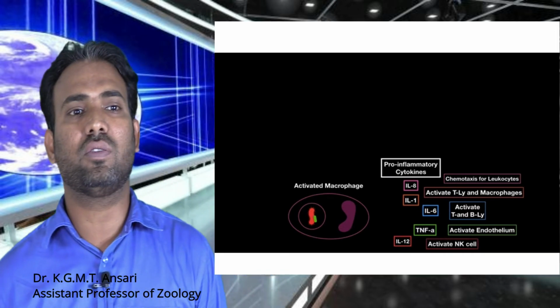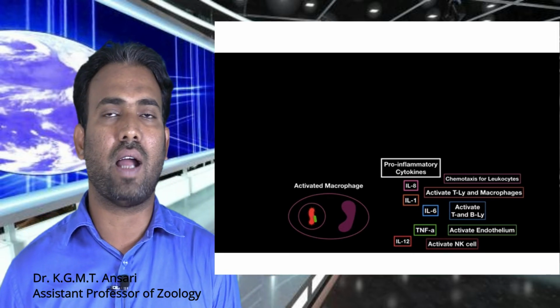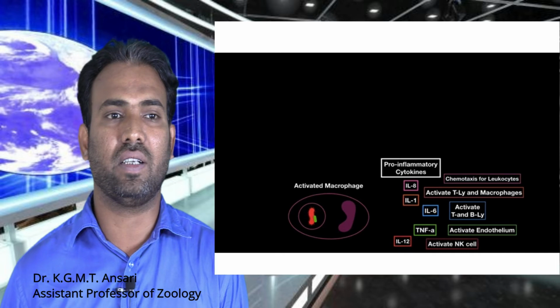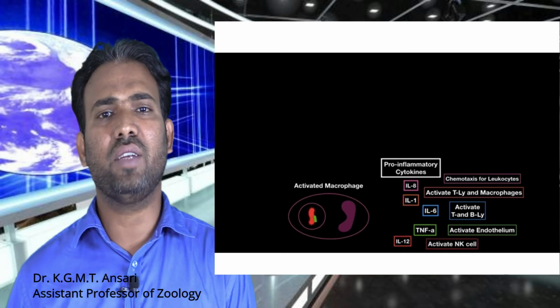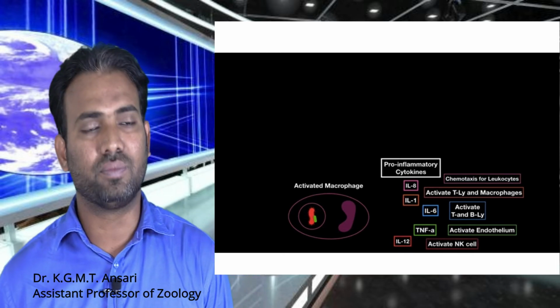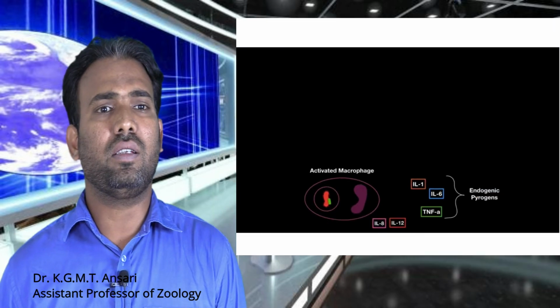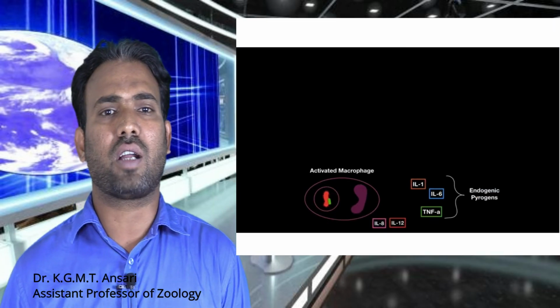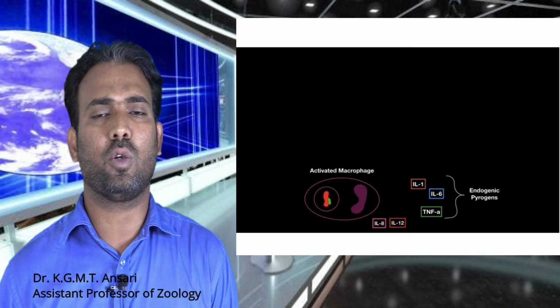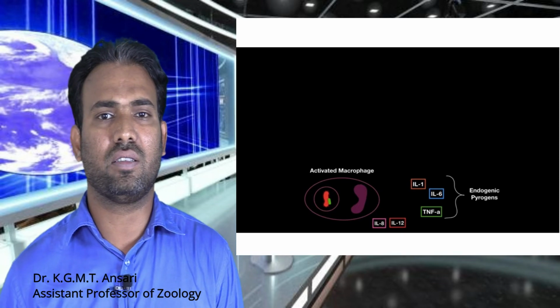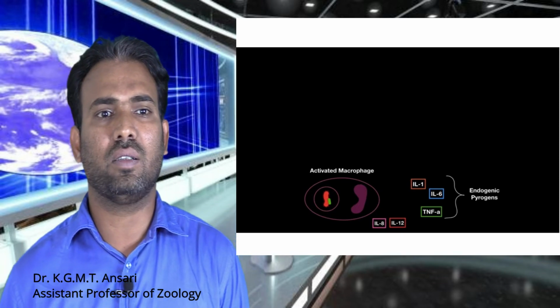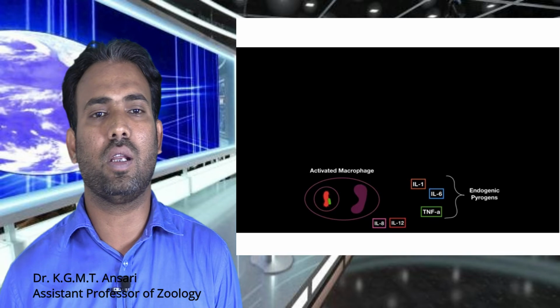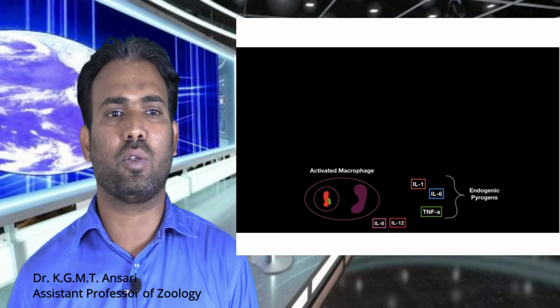All the interleukins work when the macrophage is activated after infection by microbial contamination. Where are these interleukins coming from? Interleukin 1, 6 and TNF-alpha are the endogenous pyrogens, and interleukin 8 and 12 are the exogenous pyrogens.